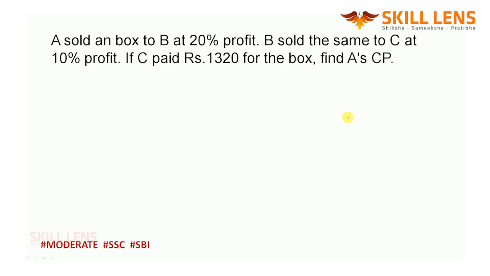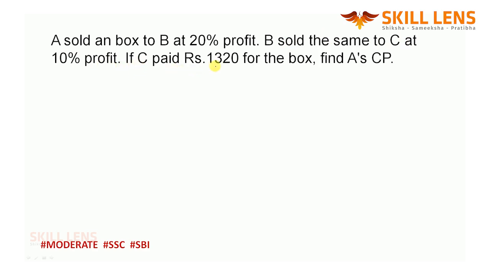Okay. So this is a moderate type of question, and this question is asked in SSC and SBI PO. Let's look at the question. A sold a box to B at a 20% profit. B sold the same to C at a 10% profit.